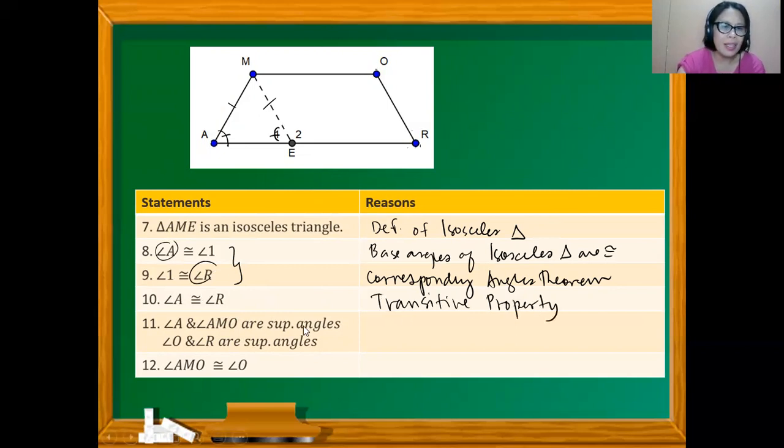Now, angle A and angle AMO are supplementary angles, as well as O and R are supplementary angles. Same side interior angles, on the same side of the transversal lines, are supplementary angles.